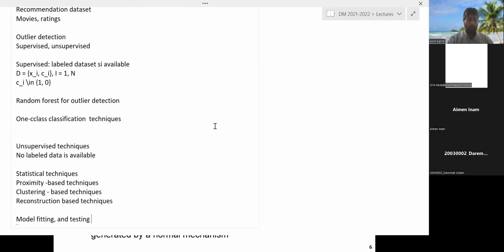Again, this is all from statistics. Parametric would mean that, let's say you assume that this model follows a Gaussian model or a bell-shaped type of distribution. And that bell shape has some parameters. You fit those parameters on the data, you get the model. And then given any new point in the data, you find out how different it is from that model. And again, you can do a hypothesis testing type of thing to find out the difference to some significance level. So this is the general idea in statistical techniques.